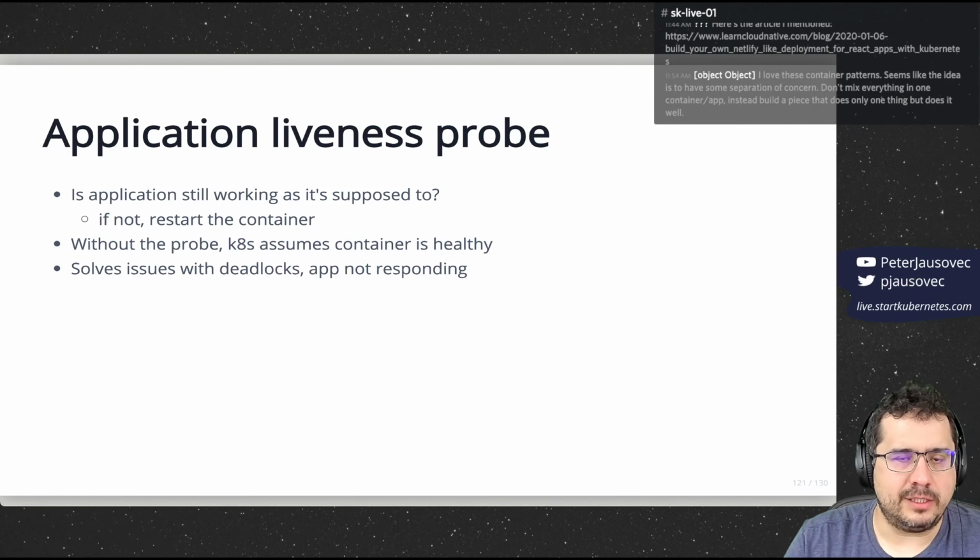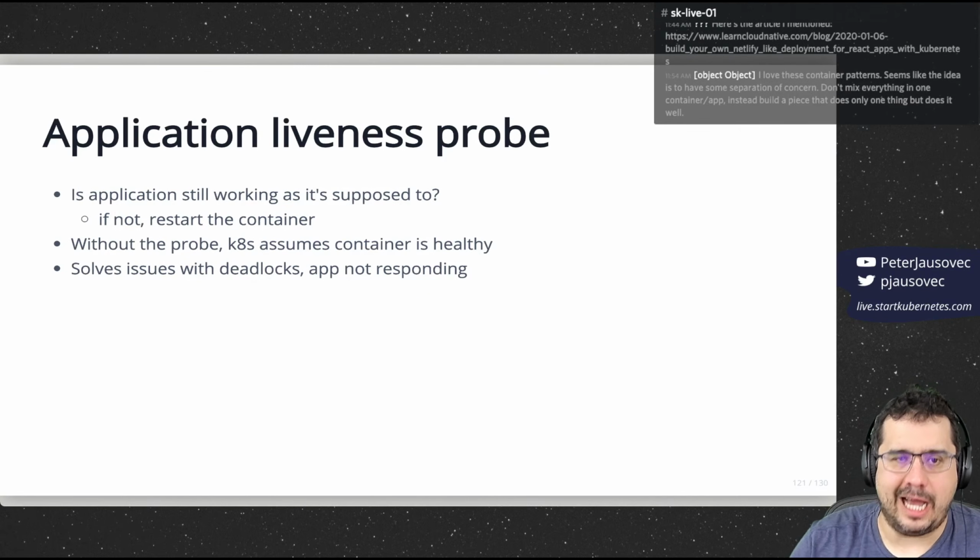Without this probe set, and up until now we haven't been setting these liveness probes, Kubernetes will just automatically assume that the containers are healthy and that the pod is healthy and will keep it running. Using this probe, you can handle the scenarios where your code is deadlocked or your application is not responding anymore.